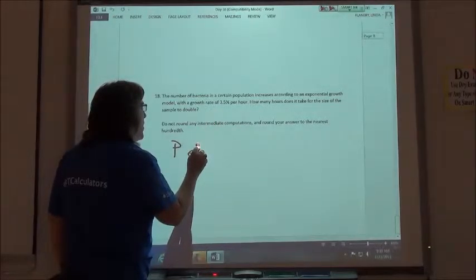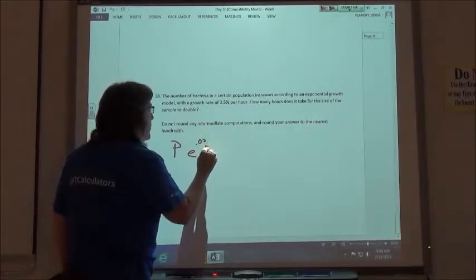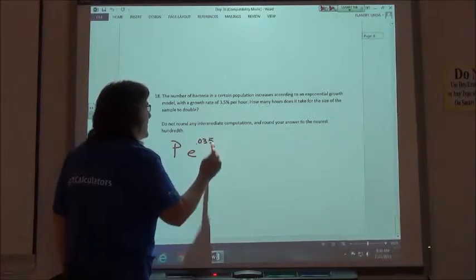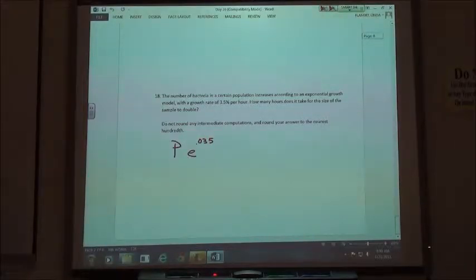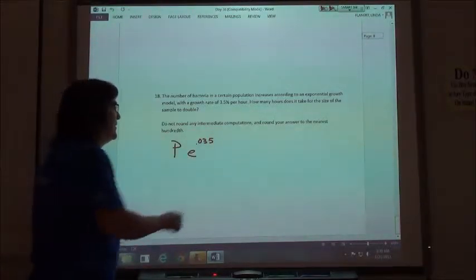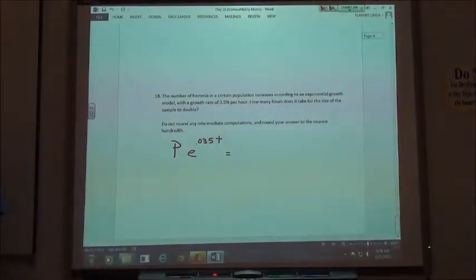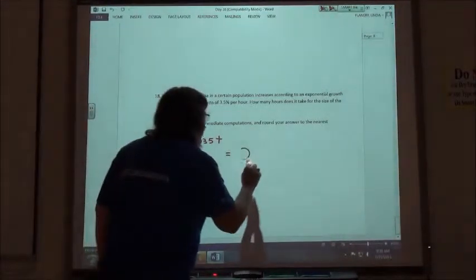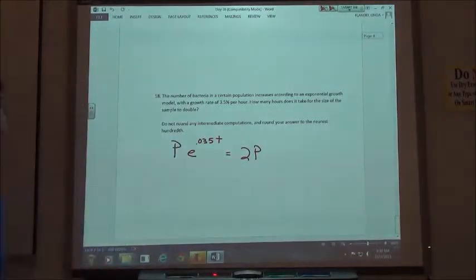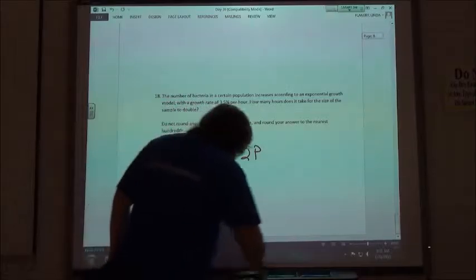So I'm going to use 0.035, right? 3.5% is 0.035. Times t equals 2P. So we're going to start by doing what?